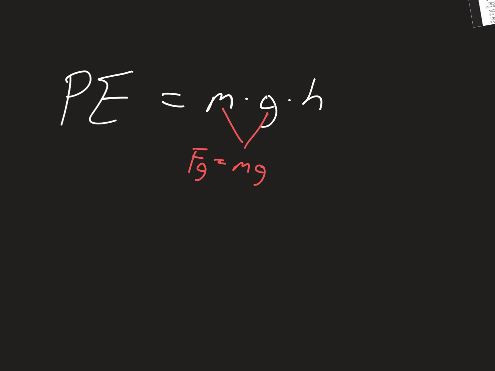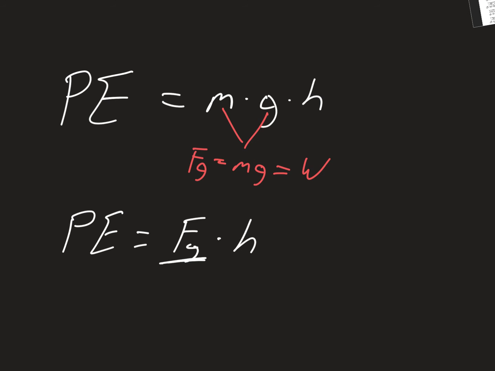And force of gravity is also a weight, okay? So if it gives you the weight, the formula you're going to use is that potential energy is equal to the force of gravity times height, because you need to understand that this is just your weight, okay?